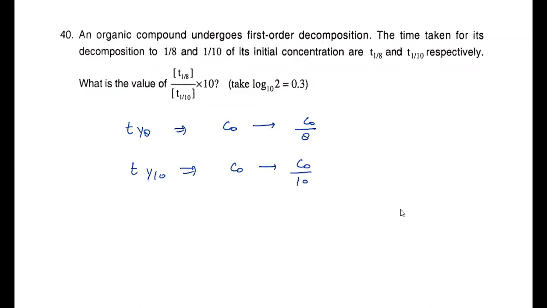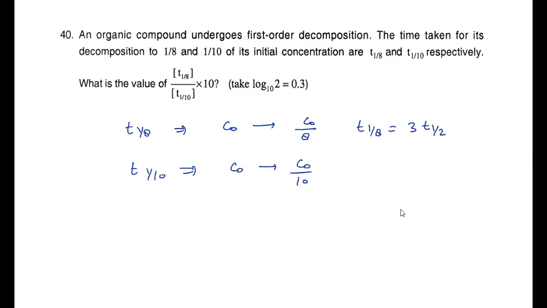So if you calculate T1 by 8, then this is simply 3 times T half. The time taken for the decomposition to 1 by 8 of its initial concentration is T1 by 8.